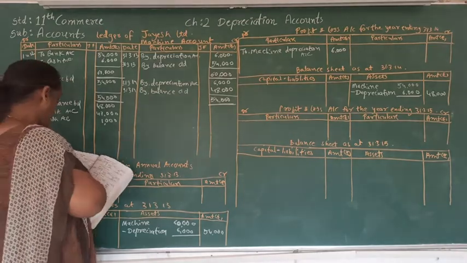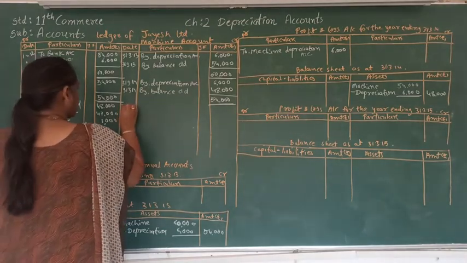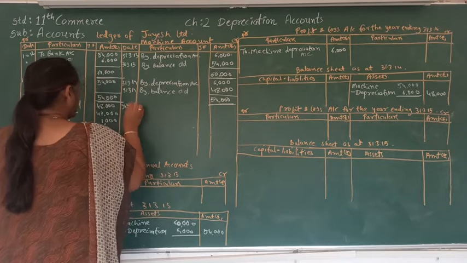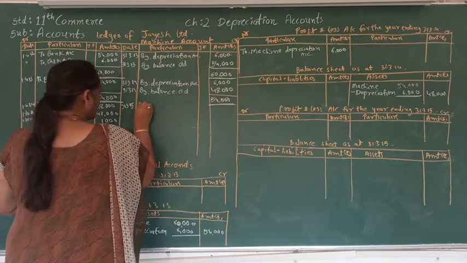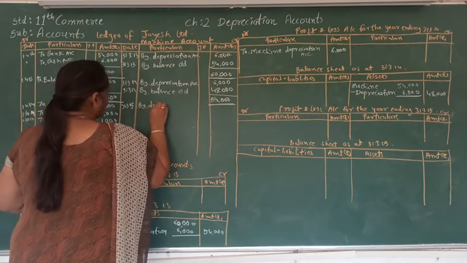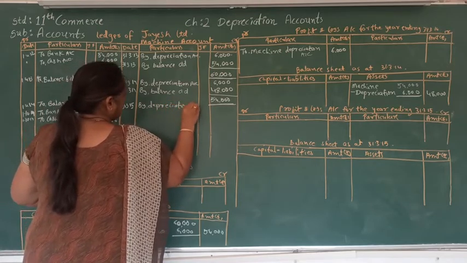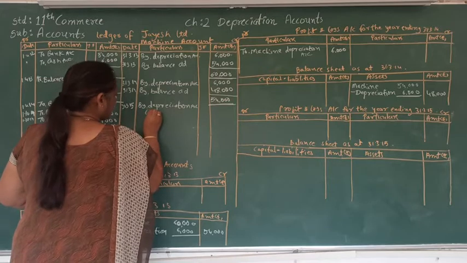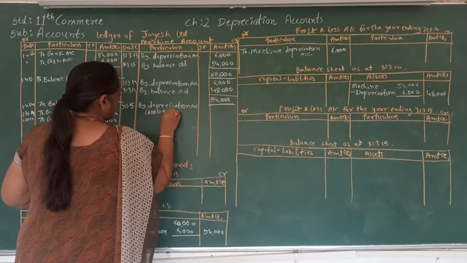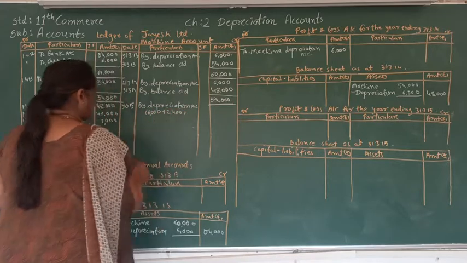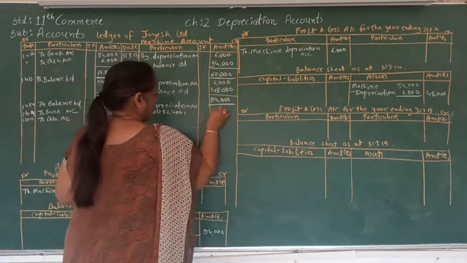Now let's provide for the depreciation on 31st 3/15. That depreciation is for both machines, and we have calculated it in the working note. That is 6,000 plus 2,400, so total depreciation is 8,400.